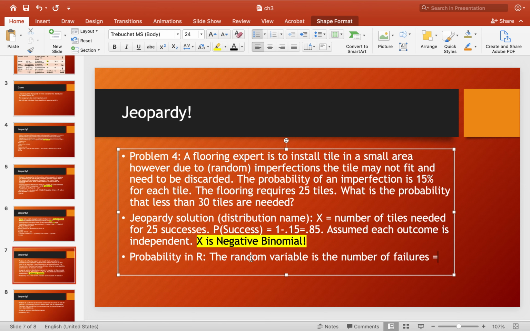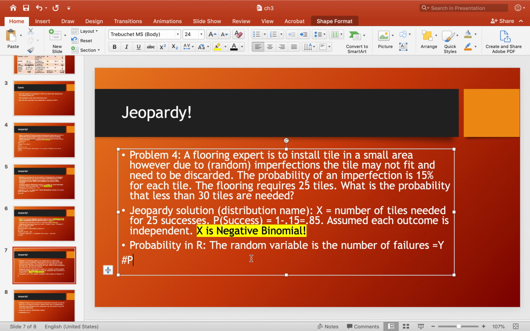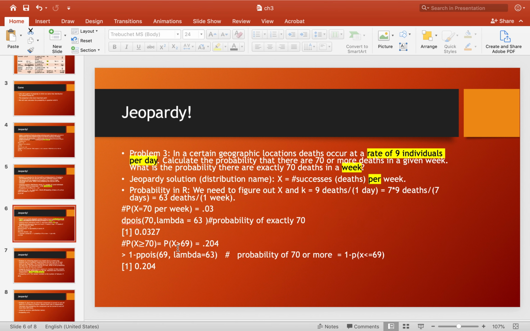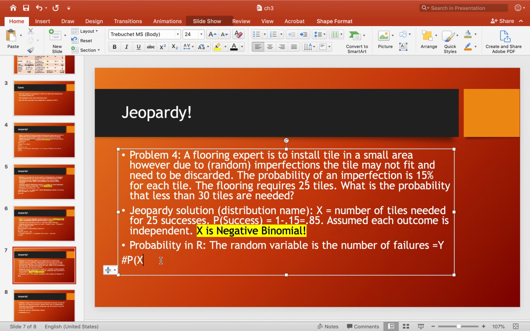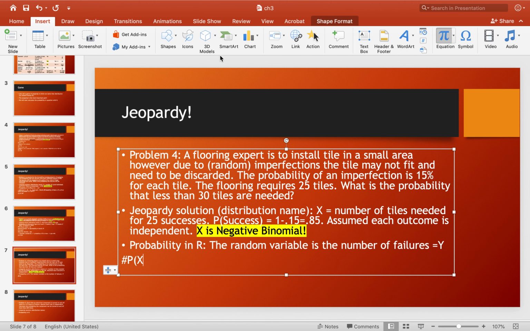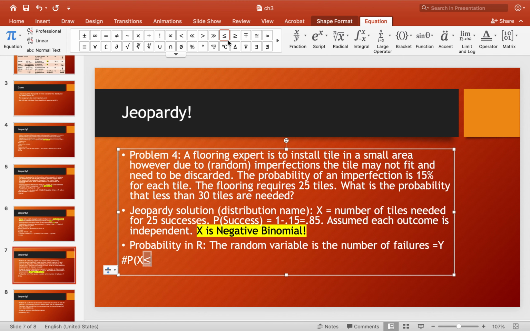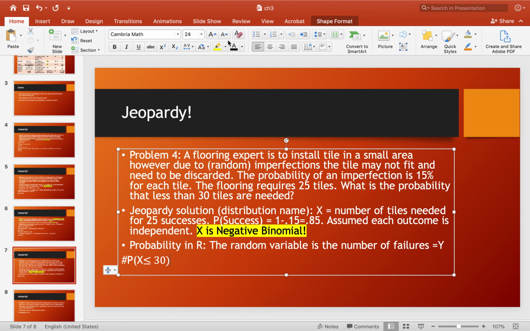And let me call that Y. So if I'm going to be asked to compute the probability that the number of failures is less than or equal to 30, well, if my random variable in R is counting the number of failures and I need 25 successes, that's saying Y is less than or equal to 5 failures.